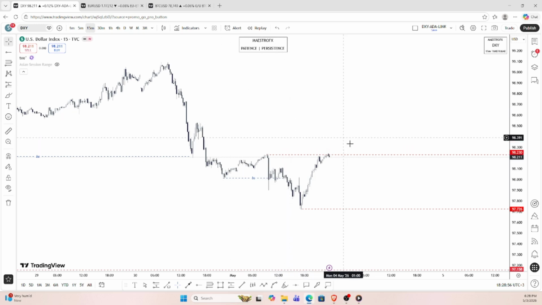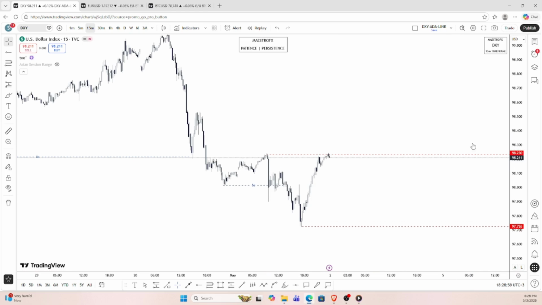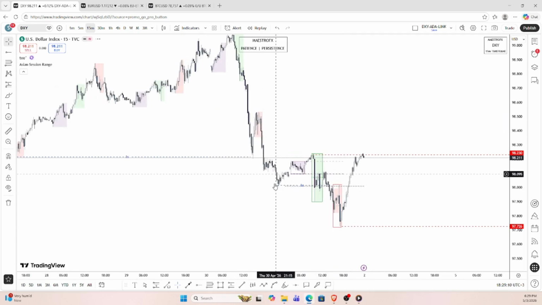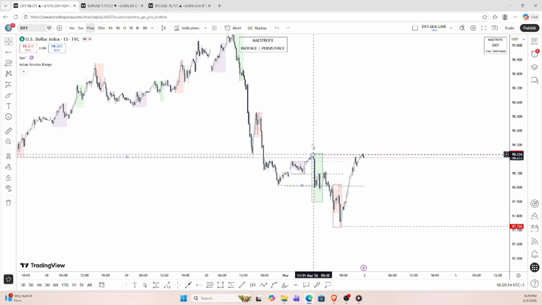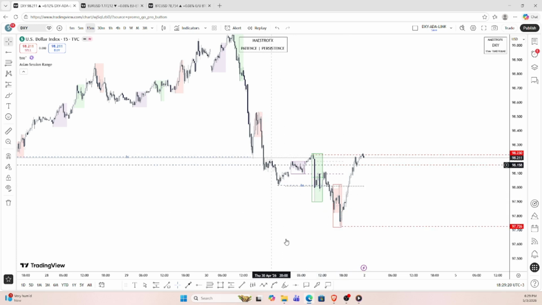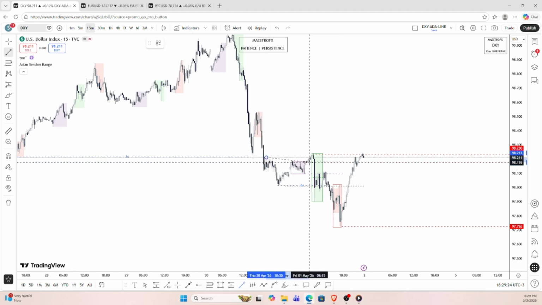I don't really vouch for anyone to go on the 15 minutes time frame, especially on a Sunday. But nevertheless, let's see what the price did on a Friday. Yes, on a Friday we can see that the price retraced and broke structure to the downside. Okay, after taking this liquidity here, let's label this liquidity here.